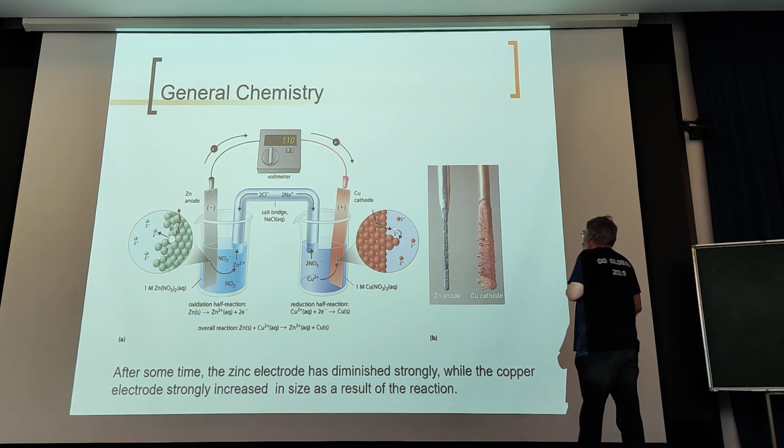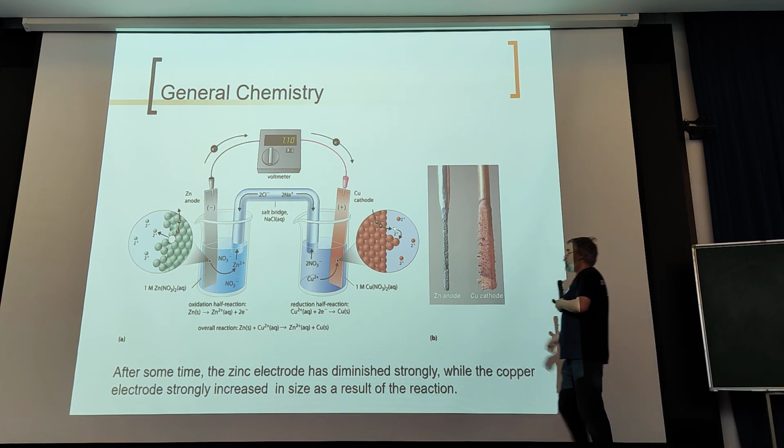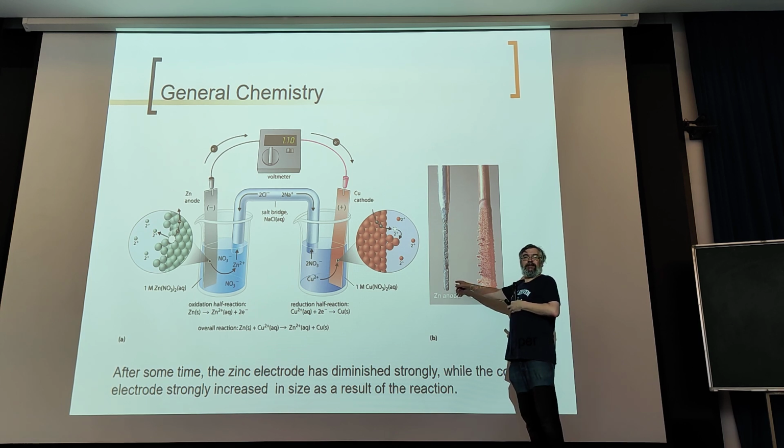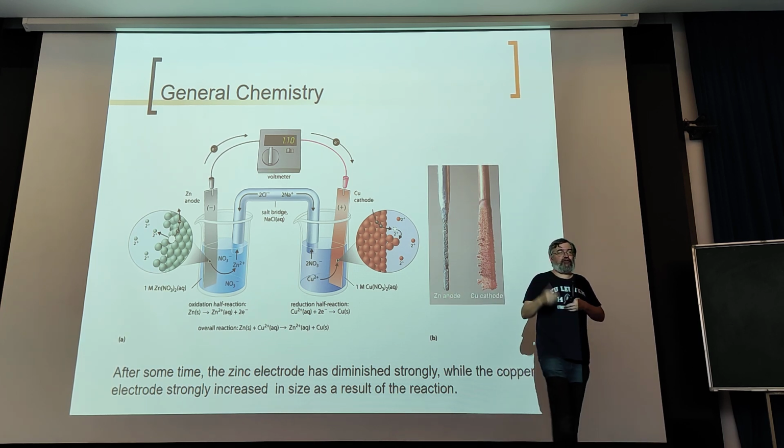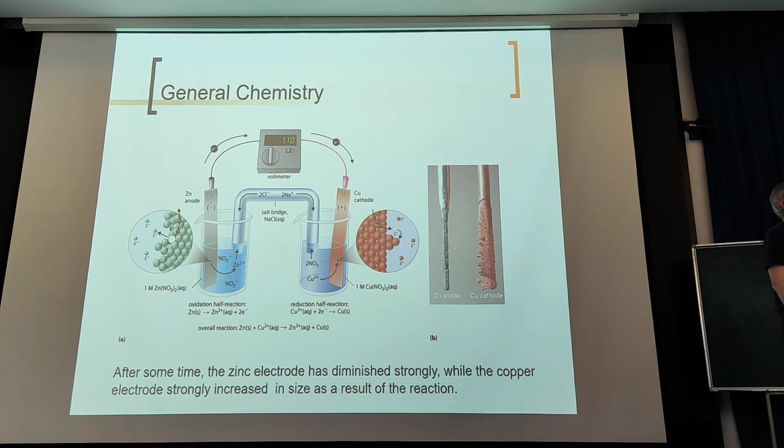The same thing with the copper cathode, which was only inserted up to a certain point into the copper 2 plus solution. So if you want to go on, you will have to replace this electrode after some time, because otherwise zinc is gone, and then there are no more electrons to flow from the anode to the cathode.